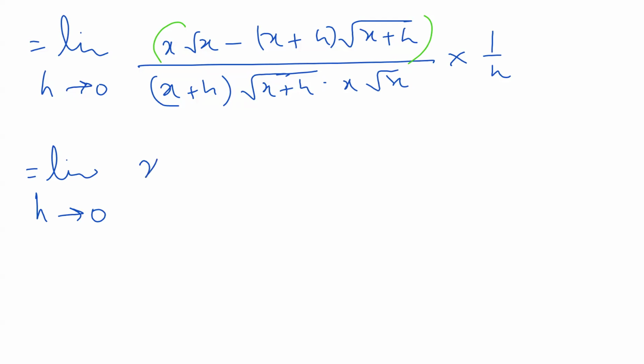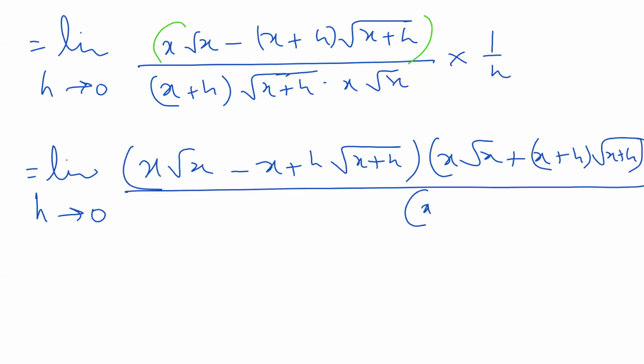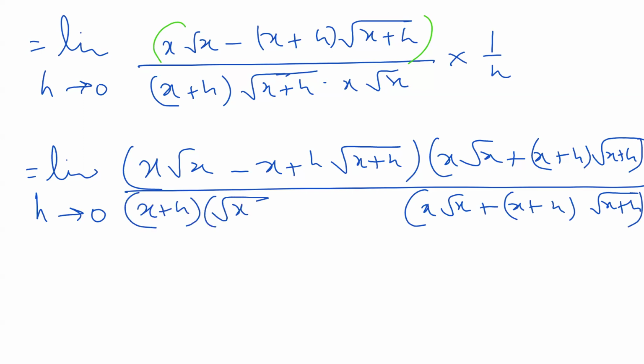So x root x minus x plus h root x plus h, x root x plus, okay, I'm rationalizing the numerator. So this is x plus h. See, it's not difficult. You have to keep a presence of mind and avoid some silly mistakes.